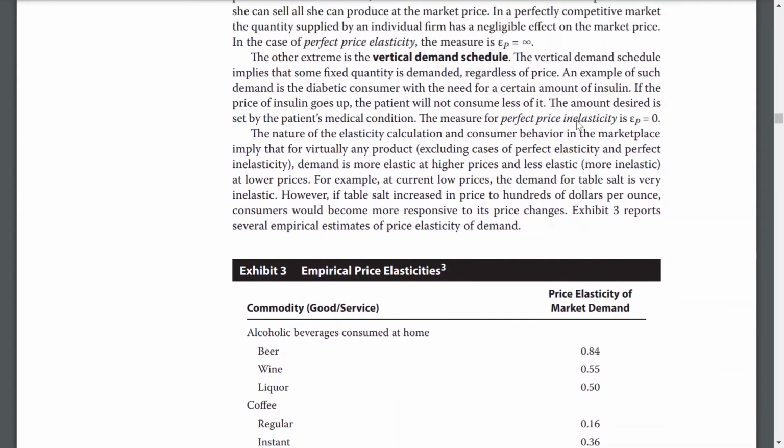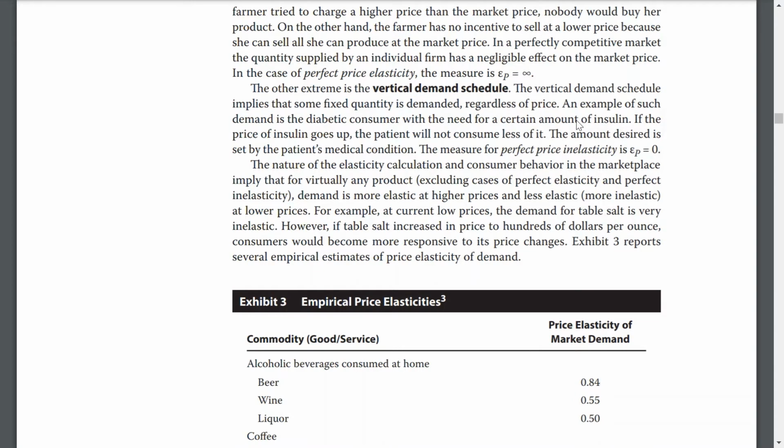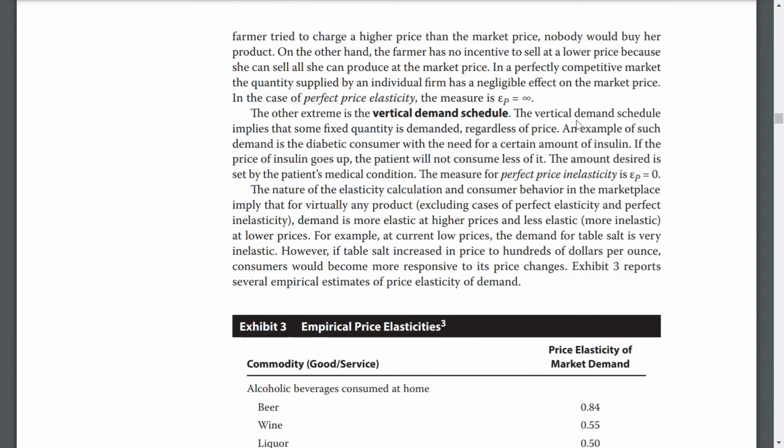The other extreme is the vertical demand schedule, which implies that some fixed quantity is demanded regardless of price. An example of such demand is diabetic consumers, who need a certain amount of insulin. If the price of insulin goes up, the patient will not consume less of it. The amount desired is set by the patient's medical condition.